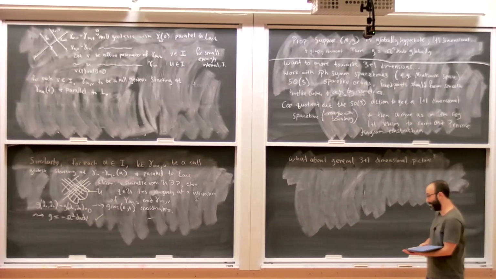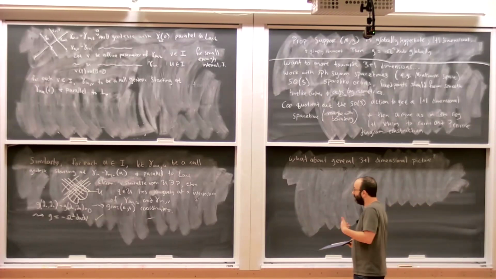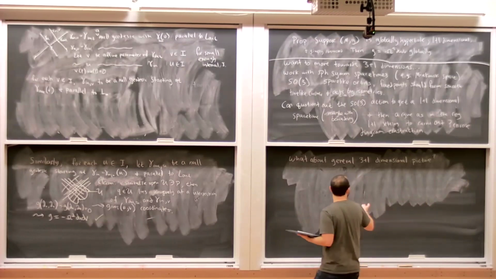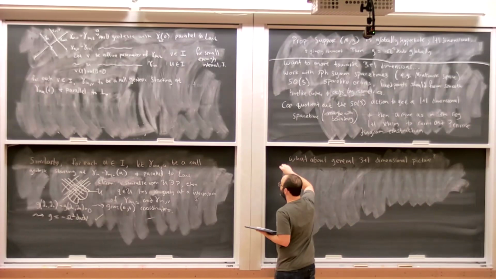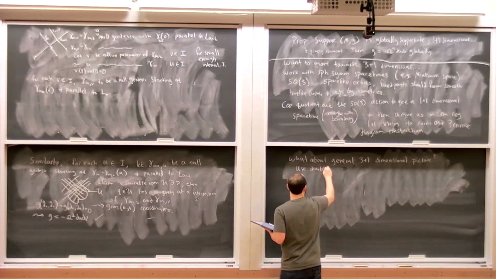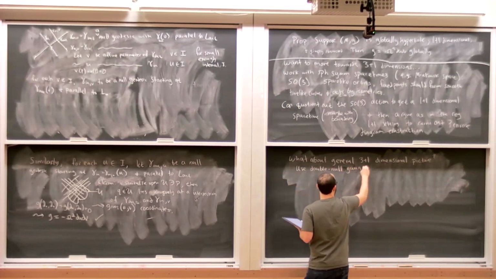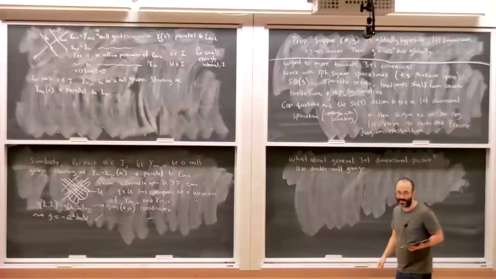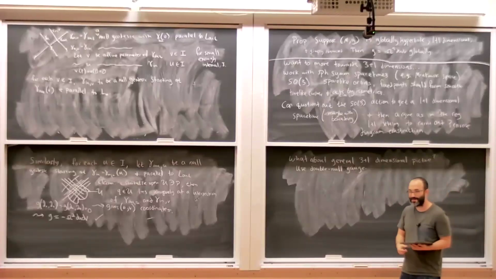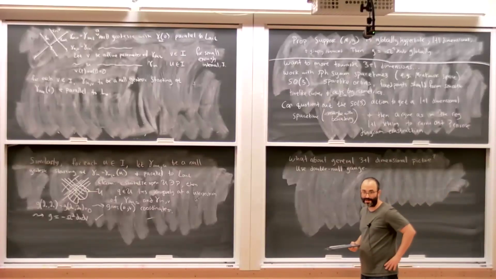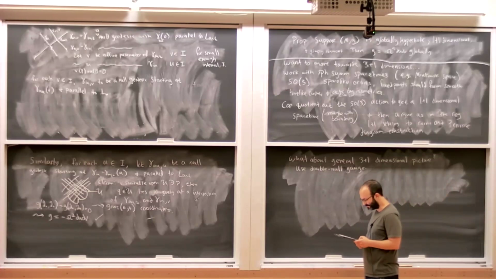I'm going to give one way to do that, which uses what's called the double null foliations or the double null gauge. Right, so the way that we'll make sense of this is we're going to use the double null gauge, which will also play a role later in the course when we study things like the characteristic initial value problem.